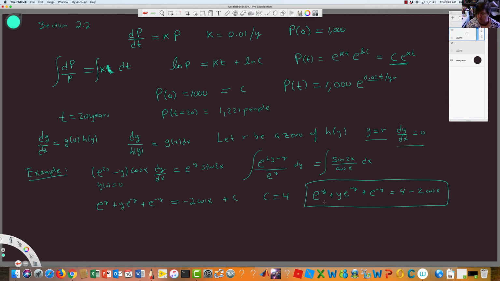It's some function of y equal to some function of x. Y is not by itself, and it's really difficult, if not impossible, to solve this for y. Very often we call equations like this, where you can't solve for one of the variables, transcendental equations. Kind of a fancy name.